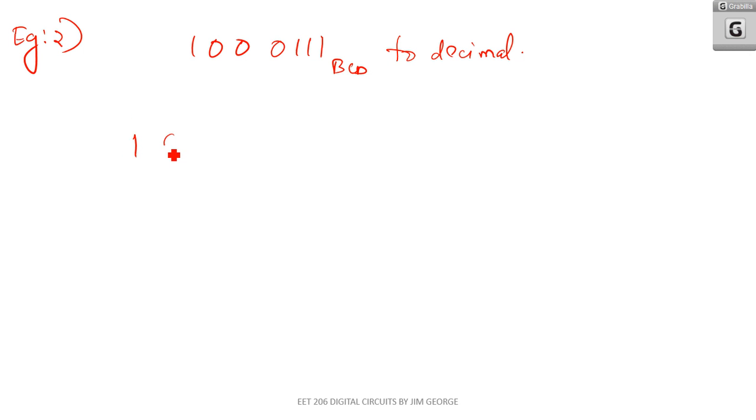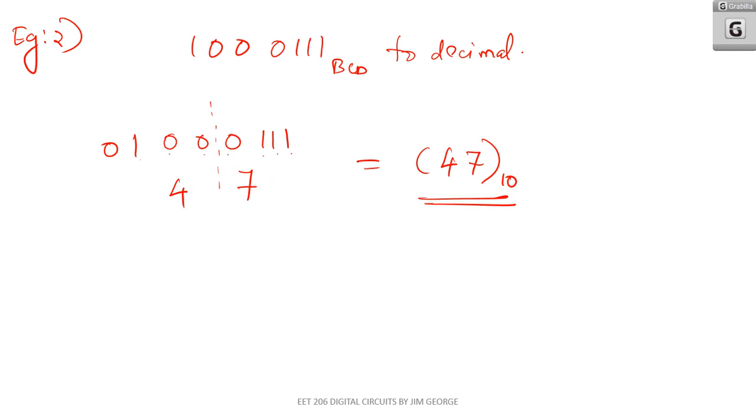So 1000111, so 1, 2, 3 and 4. Cut it here. The 4th bit is not there, so it is 0. What is 0100? 0100 is 4. What is 0111? It is 7. Therefore the answer is 47 to the base 10.